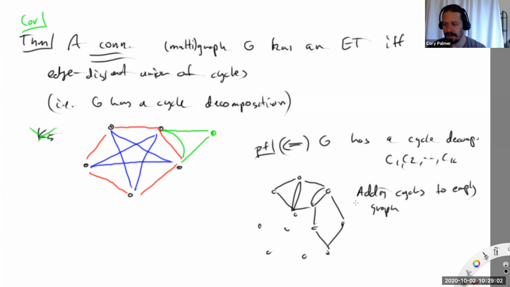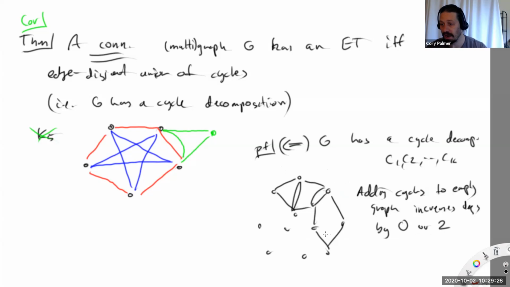So each time I add a cycle, what does it do to the degrees of the graph? It increases degrees. Yes, exactly, Eric. It keeps them even, and more precisely, although your conclusion is all we need, it increases degrees by 0 or 2. Each vertex either goes up by 2 because it was in the cycle, or goes up by 0 because it had nothing to do with the cycle.